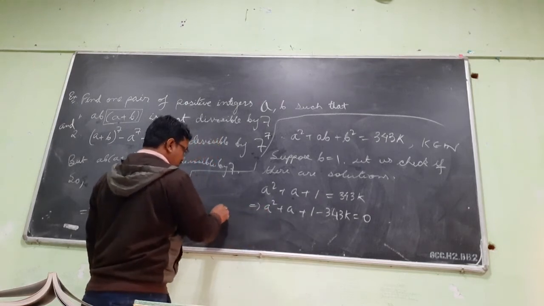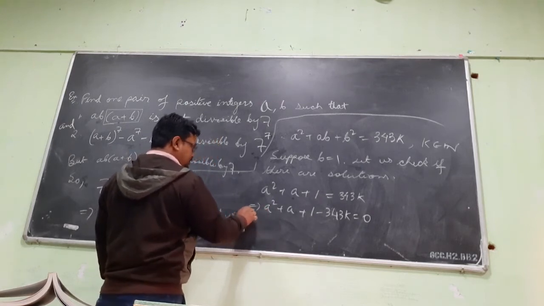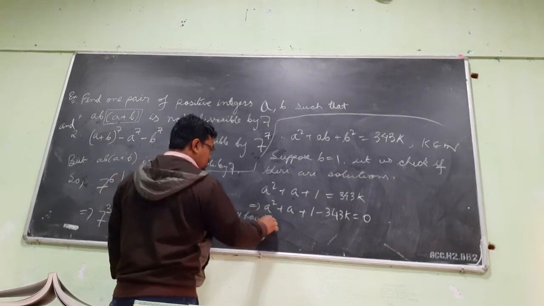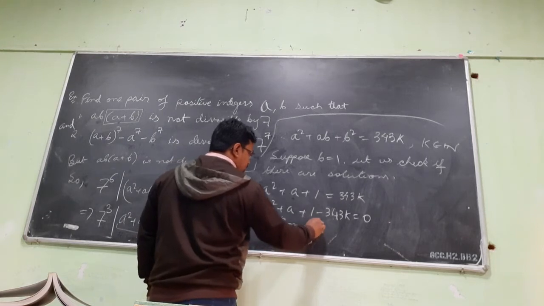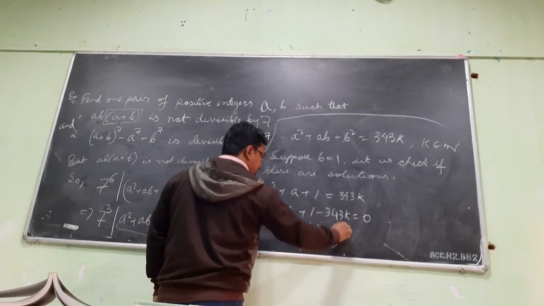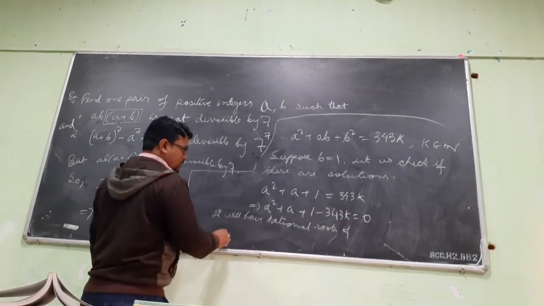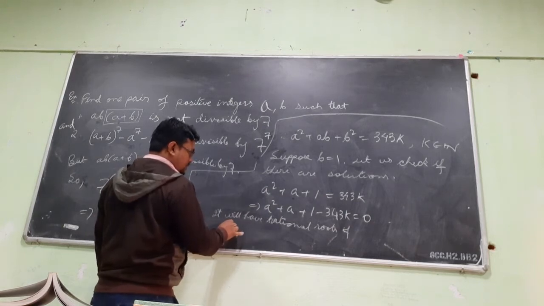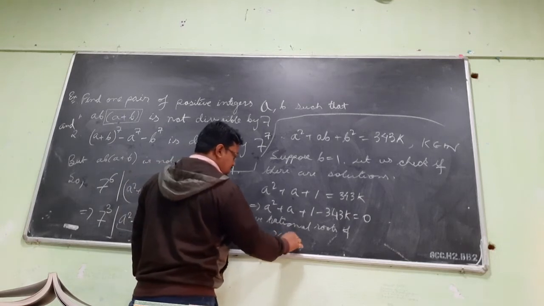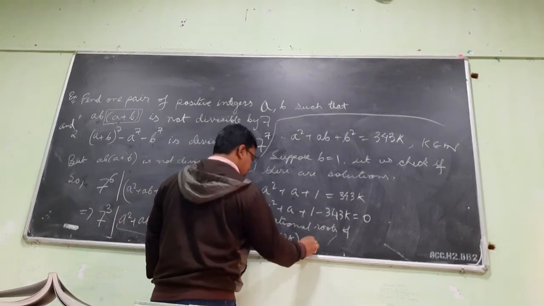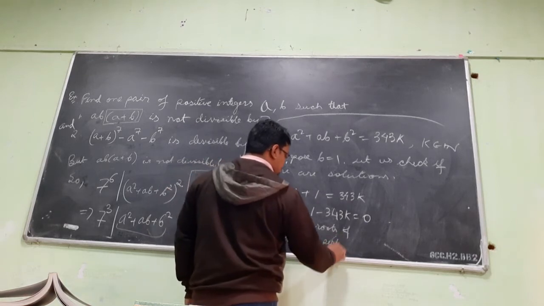It will have rational roots if the discriminant, 1 square minus 4 into (1 minus 343k), is a perfect square.